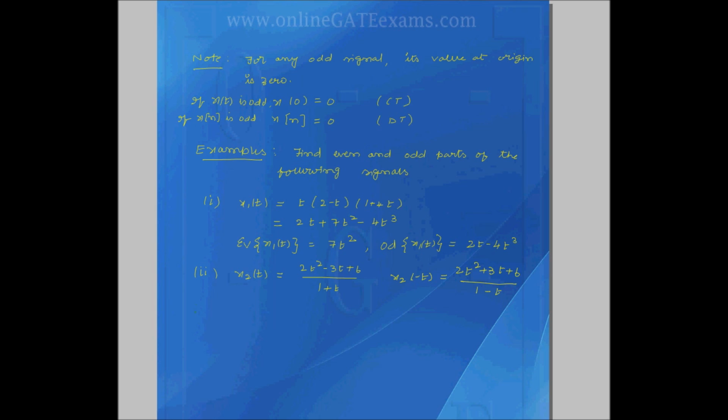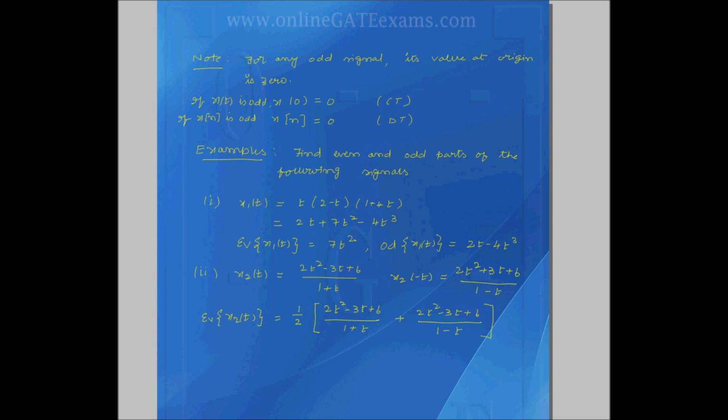So what will be our even part of x2 of t? That is nothing but [x2 of t + x2 of minus t]/2. If you expand that, this will be 1/2 times [(2t² - 3t + 6)/(1 + t) + (2t² - 3t + 6)/(1 - t)].